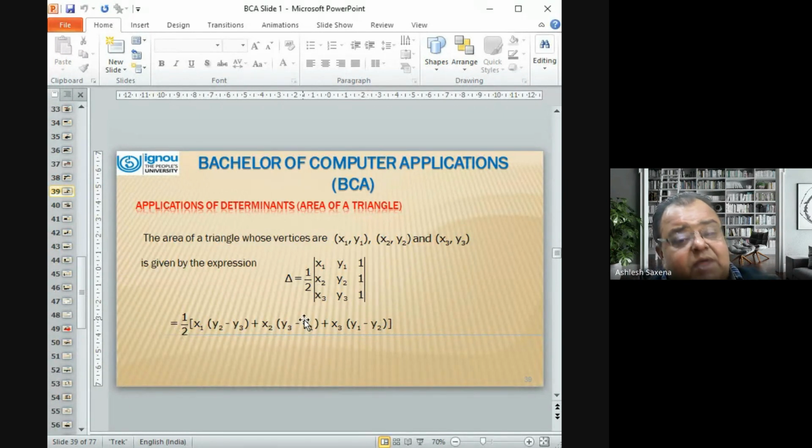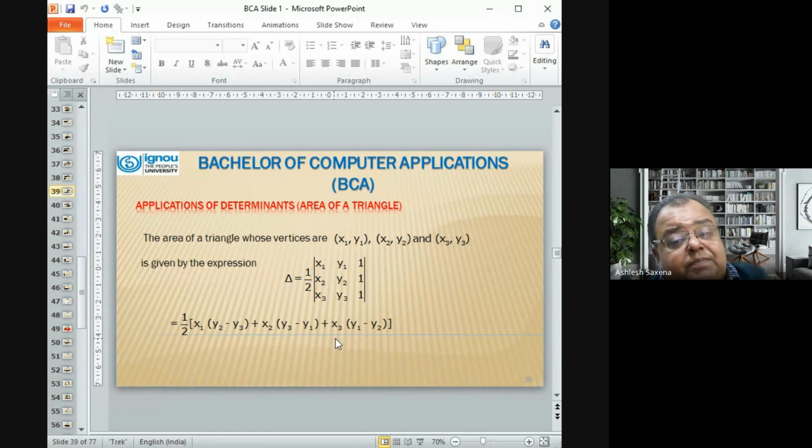This is the formula you have to remember for finding out the area of a triangle if 3 vertices of the triangle are given to you. How to remember it? 1 by 2. You will first start with x1 and you will be taking y2 minus y3. Then plus x2, y3 minus y1.